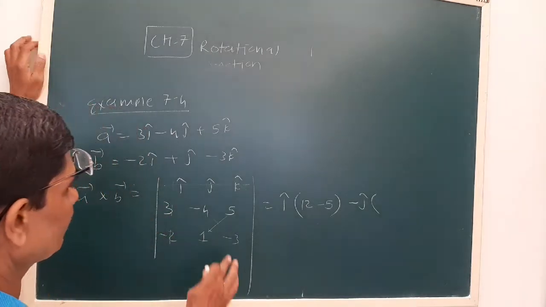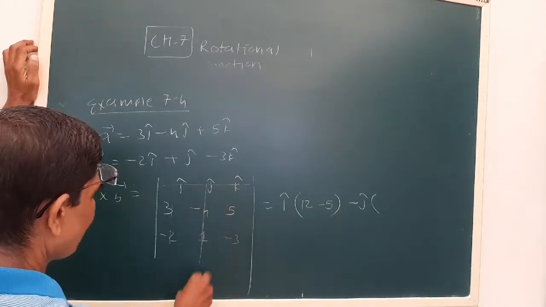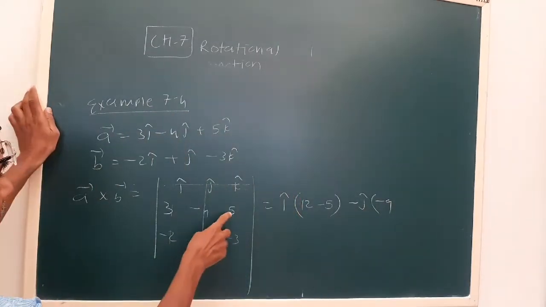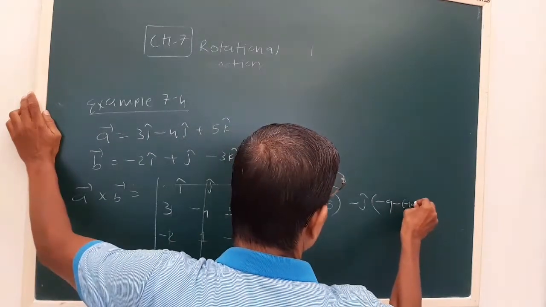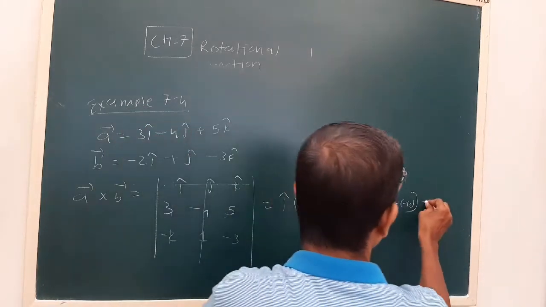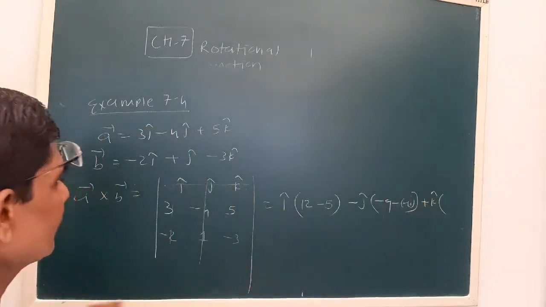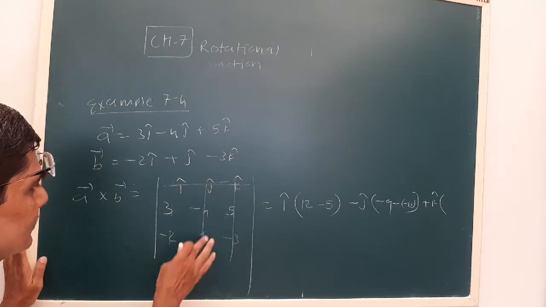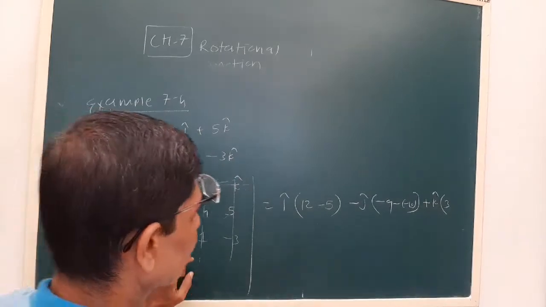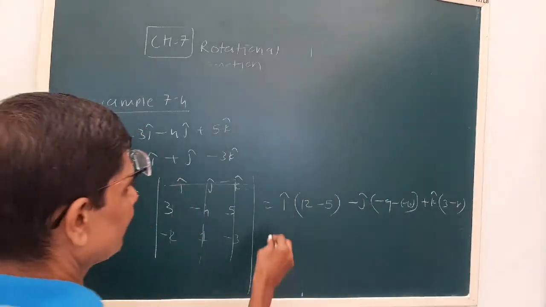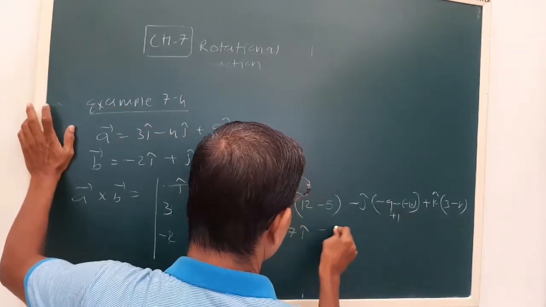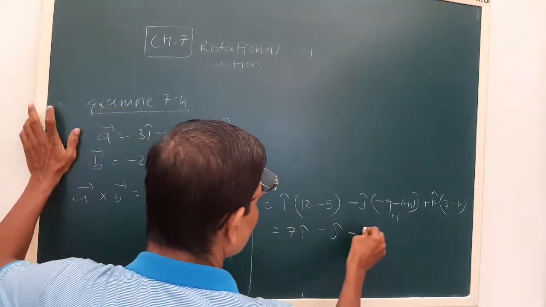When we find the coefficient of j caret, 3 into minus 3 is minus 9, and minus 10, but again there is a negative sign, so minus 9 minus 10 for j caret. Now for k caret, it will be 3 minus 8. If I simplify, 7i, it will be plus 1, that is minus j minus 5k caret.